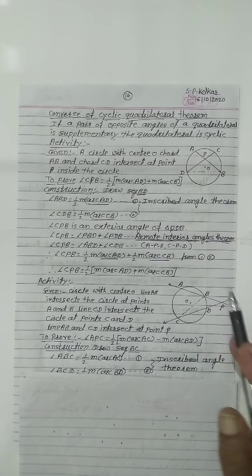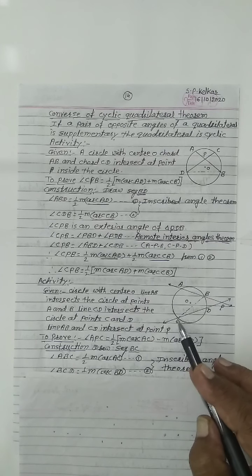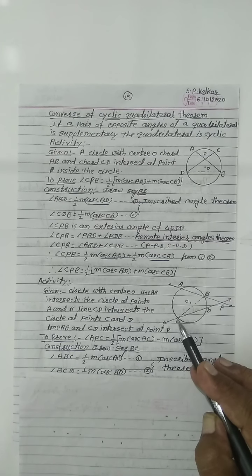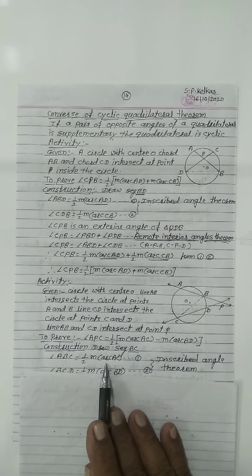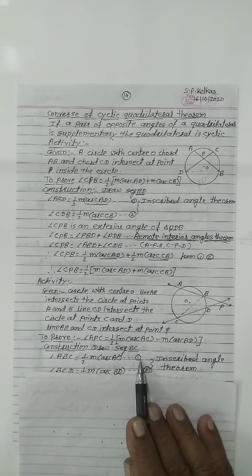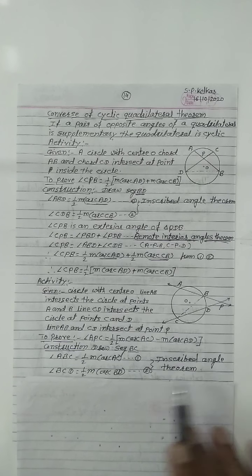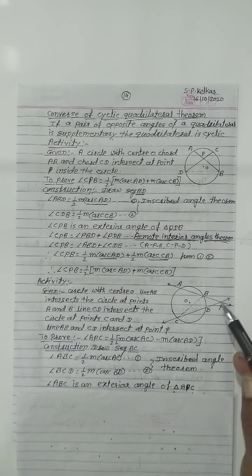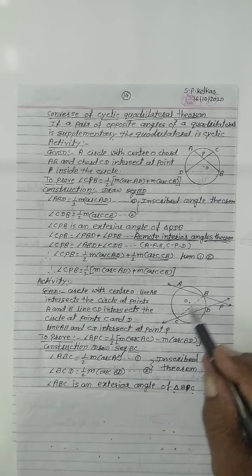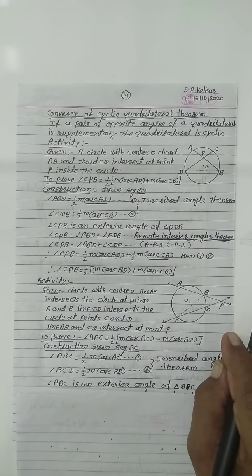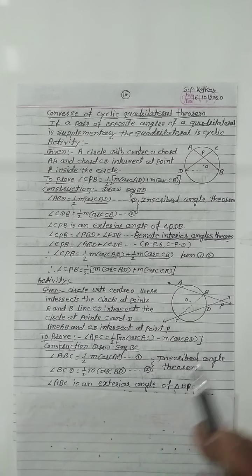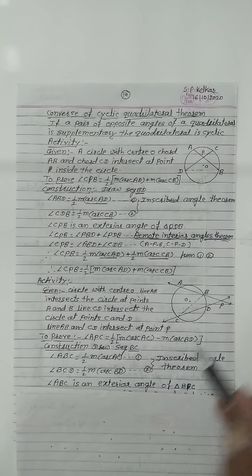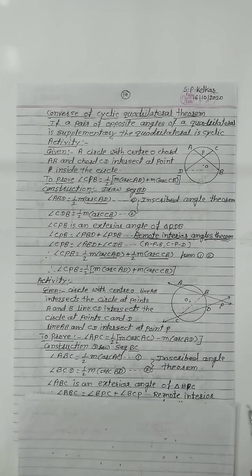The angle ABC, which is an inscribed angle, equals 1 by 2 measure of arc AC, equation number 1, inscribed angle theorem. Then angle BCD is also an inscribed angle, so measure of angle BCD equals 1 by 2 measure of arc BD, equation number 2, inscribed angle theorem.